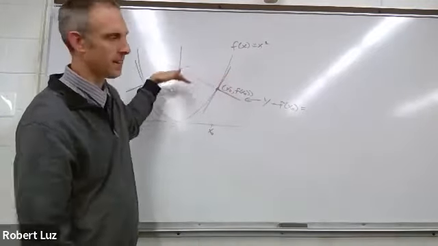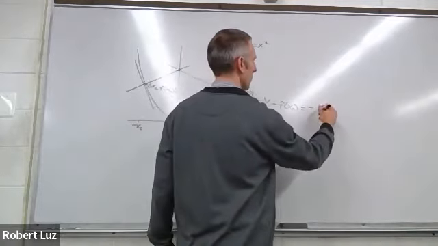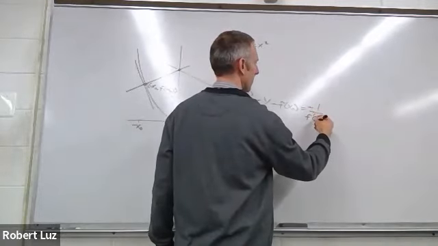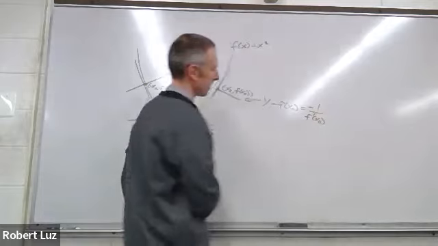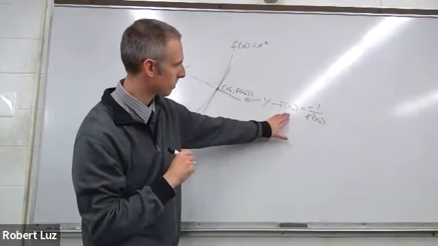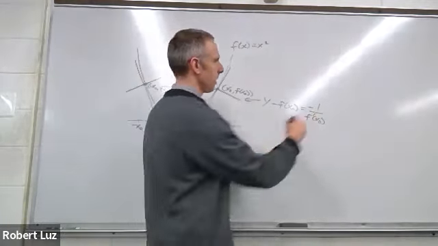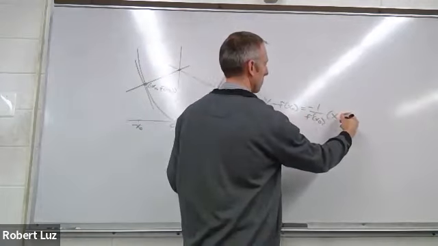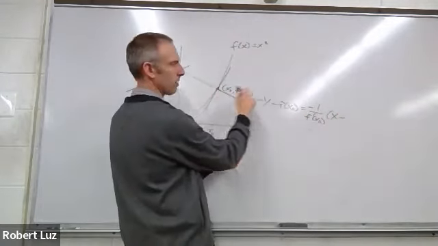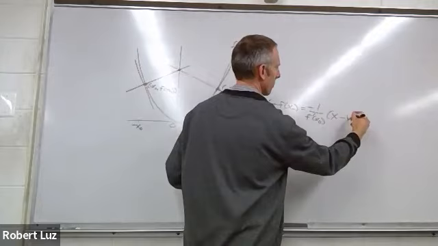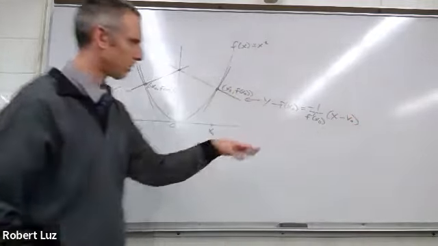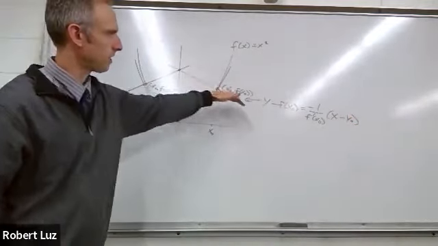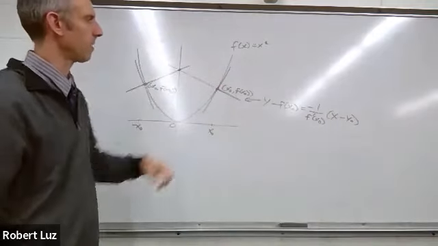So this is negative 1 over f prime of x0. Y minus the y coordinate is the slope times x minus the x coordinate. So that's the point-slope form applied to this normal line.